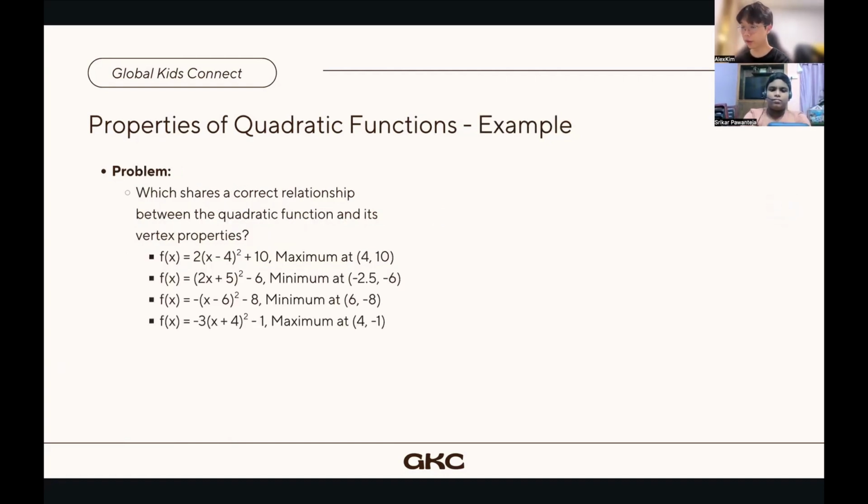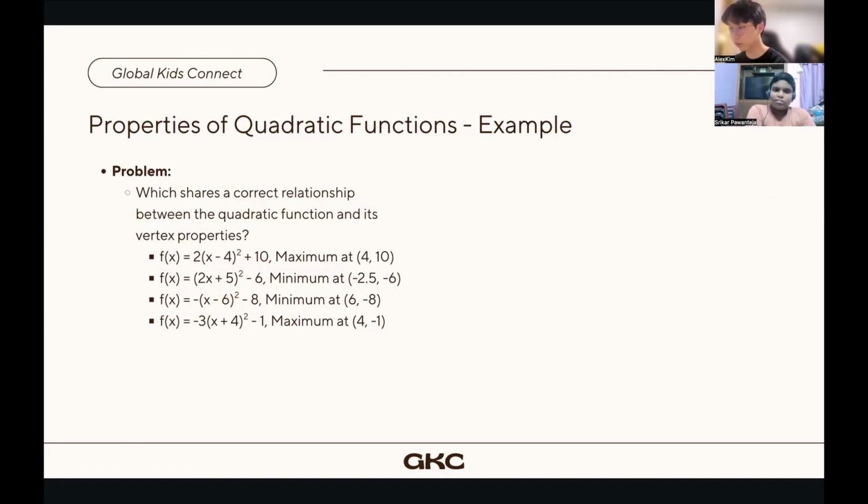Our first problem asks which shows a correct relationship between the quadratic function and its vertex properties. What this means is that we take a look at the answer choices. The first, second, third, and fourth all show a quadratic function in the vertex form, or another kind of unorganized form.